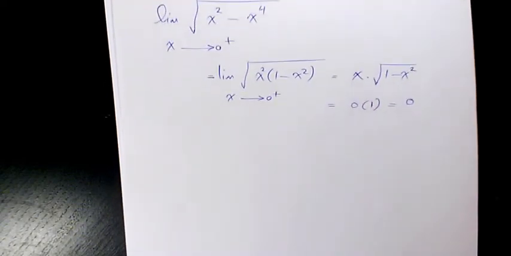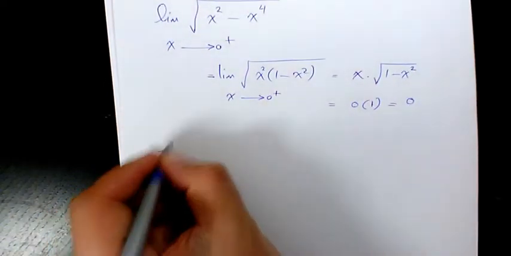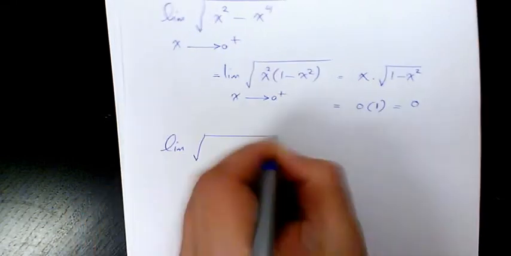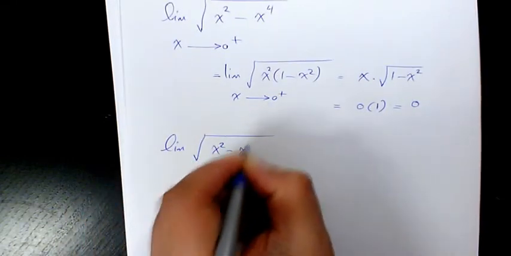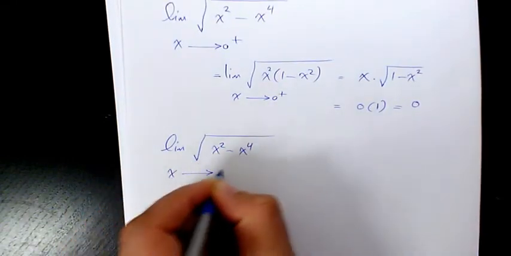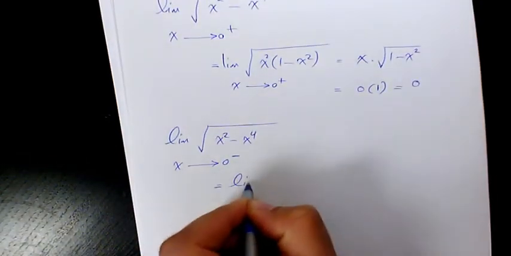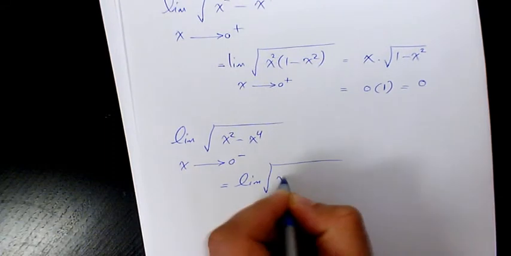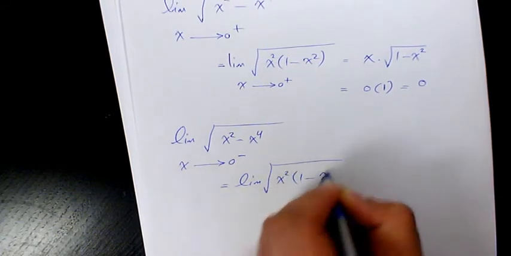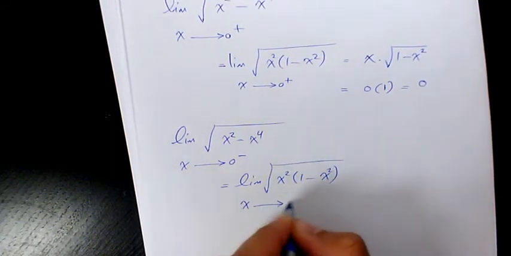Next example is the limit of x squared minus x to the power 4 when x is approaching 0 minus. So it's going to be the left limit. Again, we factor that. And let's see what's happening here.